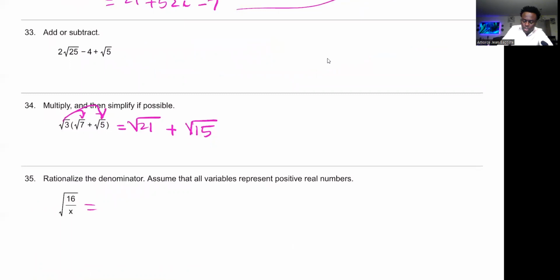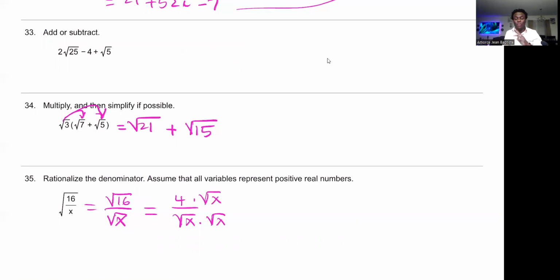Rationalize. Separate the radical, square root of 16 over square root of x. Square root of 16, we know it, it's 4. Square root of x, we don't know. But we want to make it rational. So we multiply by square root of x on top and on the bottom. We cannot do it on just one of them.